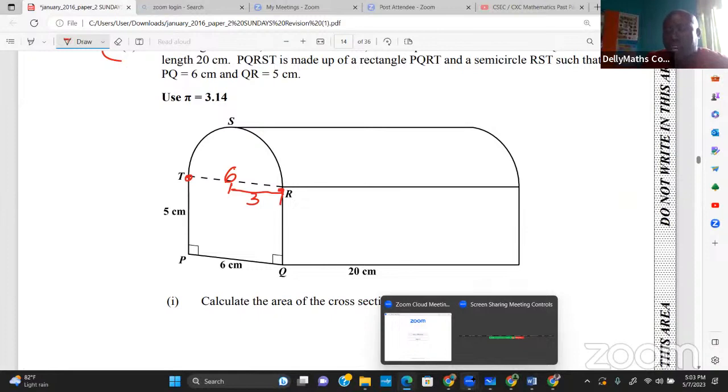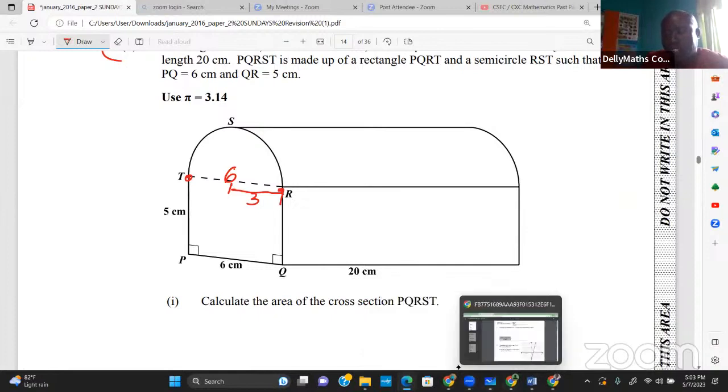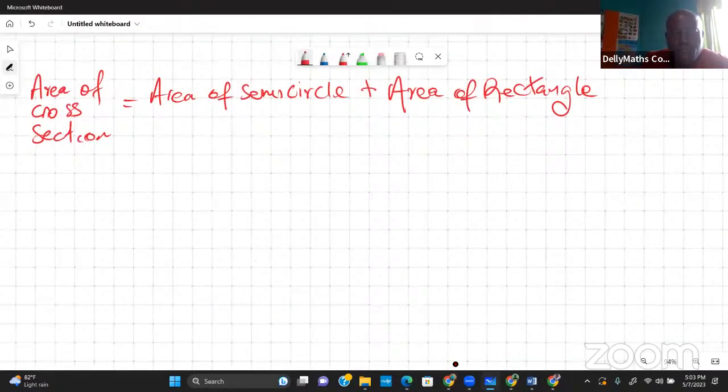So if I'm going to find the area of that, we know what we're going to do. Let's go for it. Area of a semicircle. So this is pi r squared over 2. Why? Because it's a semicircle, right? So pi is 3.14 times r squared, which is 3 squared.